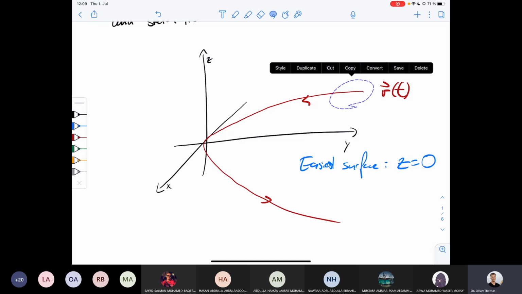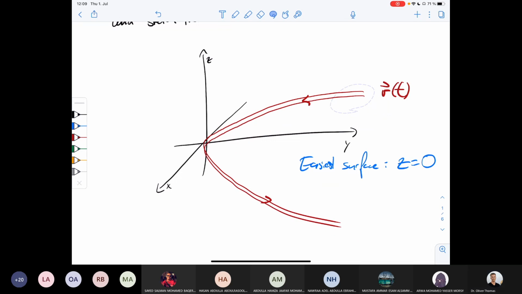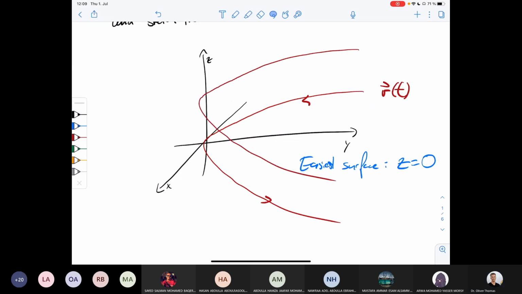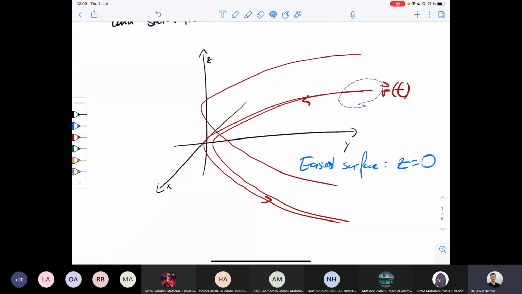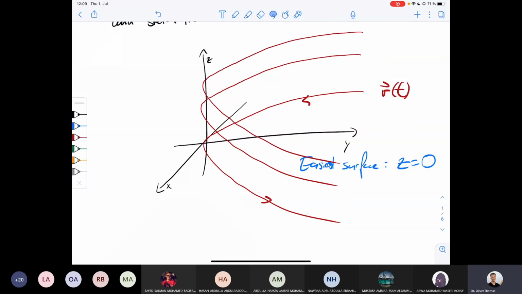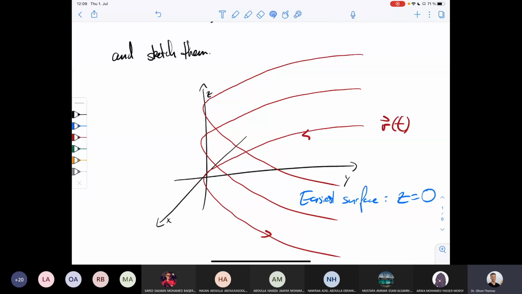And this is if we just move our curve up and down, right? So if we move it up and down, we of course also get a surface. And of course, it still contains, let's just move it a bit more up, it also contains our original curve.